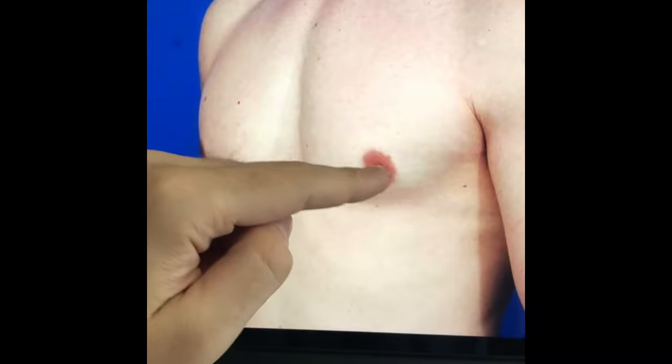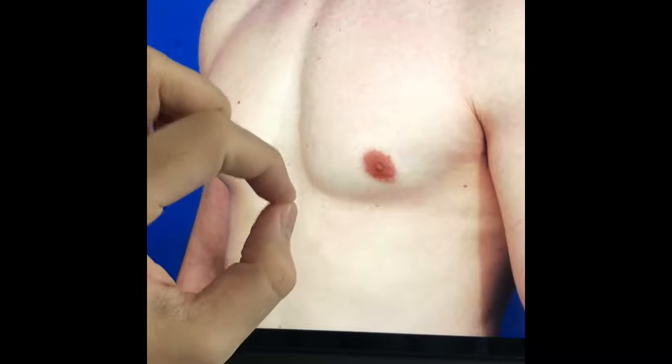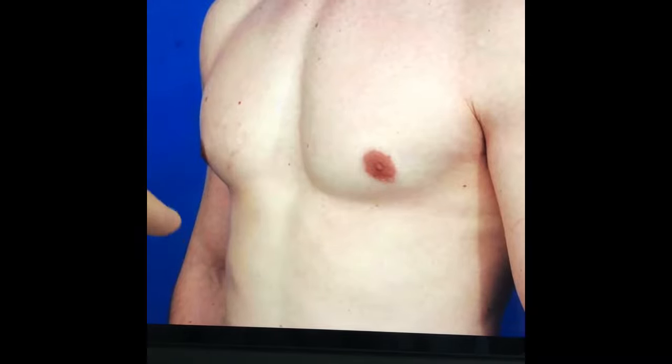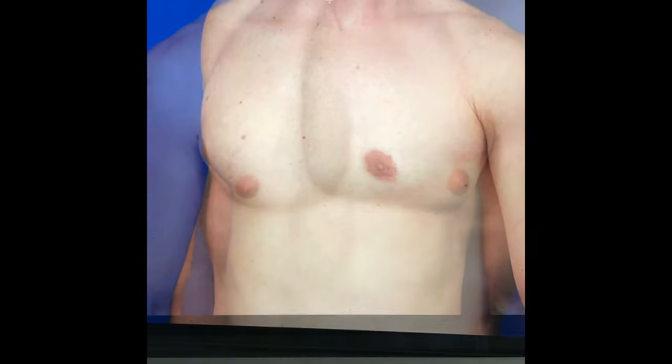And if they're not perfectly round, it looks more natural in this way. So you can appreciate the after result, when the patient said it was just as he wanted, to have a result like this.